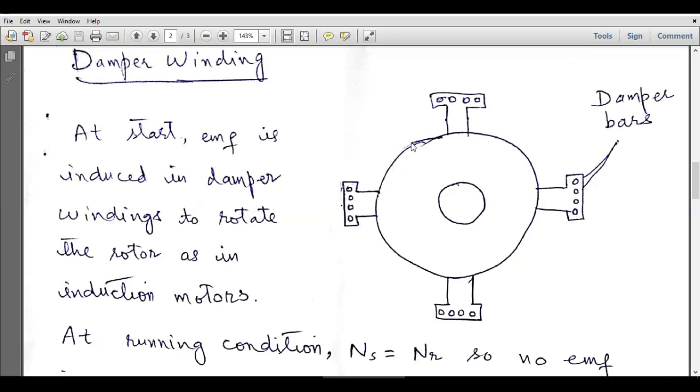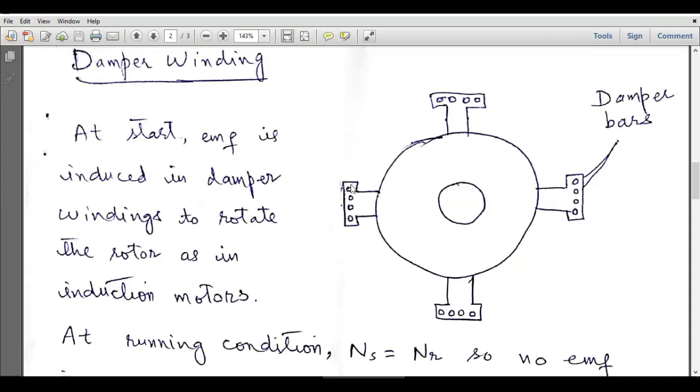And when we change the load of the synchronous machine, suddenly the speed of the rotor will be reduced, and there will be severe oscillations in the synchronous machine. Again, when there are oscillations, slip will be produced in the rotor, and when there is a slip, these damper windings will again start playing their role, and slight EMF will be induced in these damper windings.